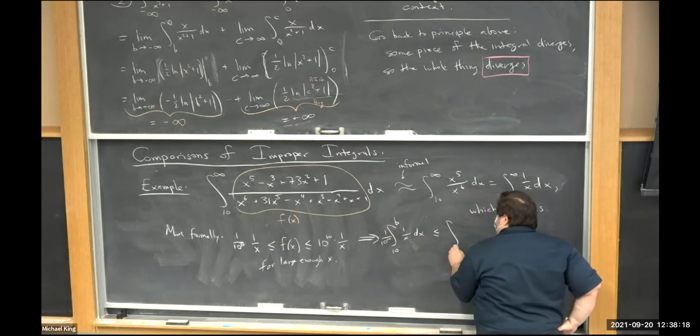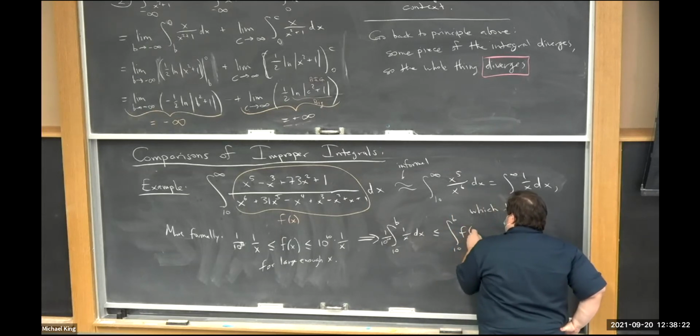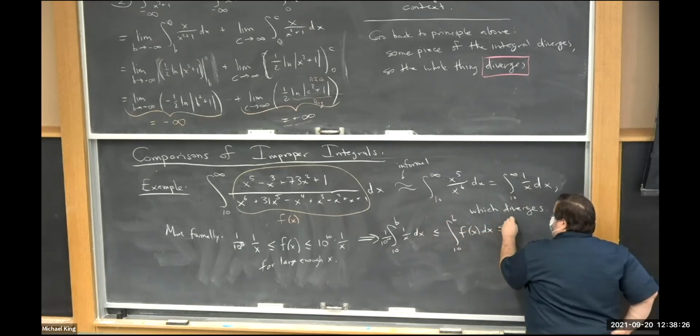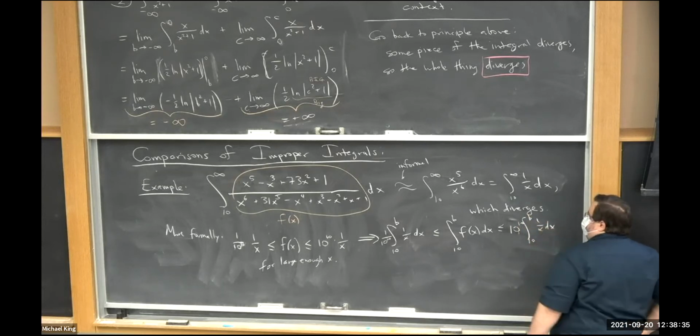I can do the integral from 10 to b of f of x, which is that integral we had up there. And I can do the integral 10 to the 10th times the integral from 10 to b of 1 over x dx.